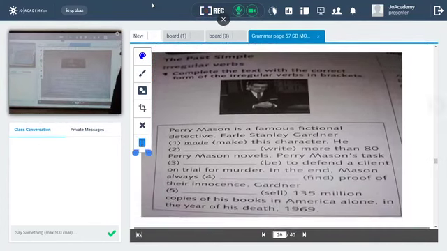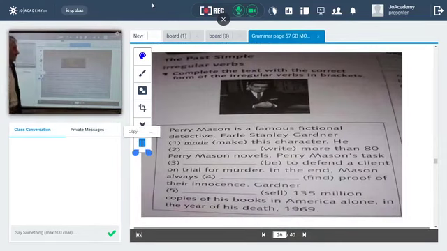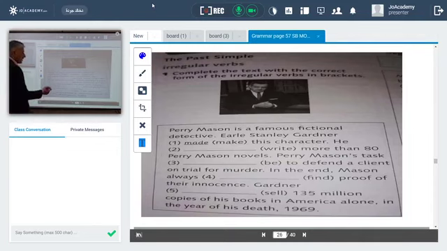Okay, I think now it's clear. Let's try to answer the first one. The first one is example. Perry Mason is a famous fictional detective. Early Stanley Gardiner. Then we put the make, we change it to what? We change it to made.